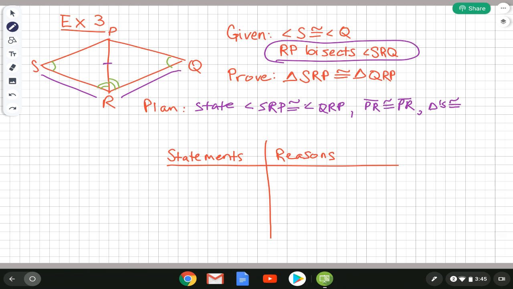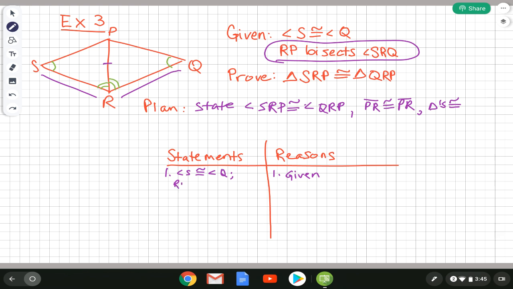Okay, so now let's see how to write that out in a proof. So of course the first step is always going to be the things that you're given. And again, you can split this up if there's more than one thing if you want to. I prefer to just go ahead and write it all out in one step.